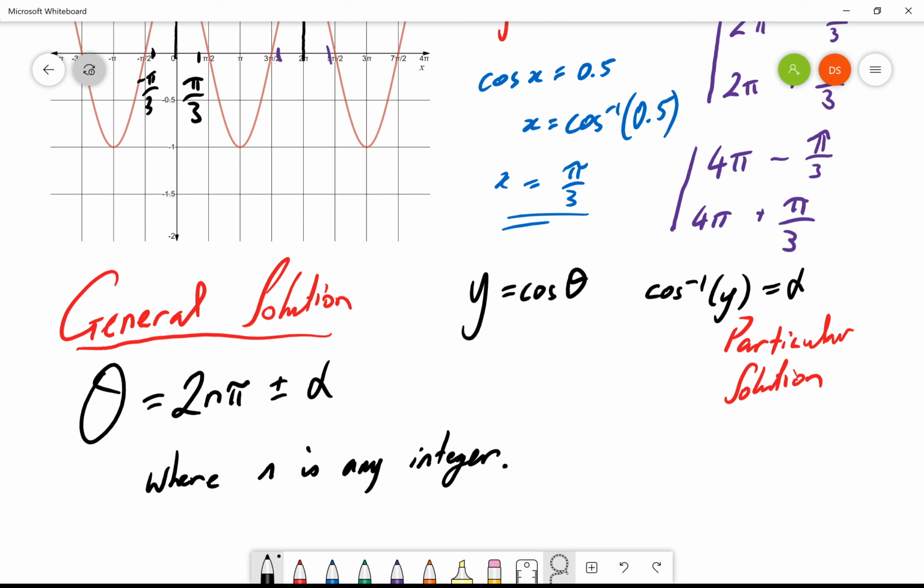I'm just going to use particular solution and general solution because that's what I used in systems of equations, but people might use the word principal value. But we'll see how this changes over time. There's some pretty cool stuff that I might do in another video to explain that. But once again, I just want you to relate the period of what's going on. Do you notice that you see 2 pi in this?